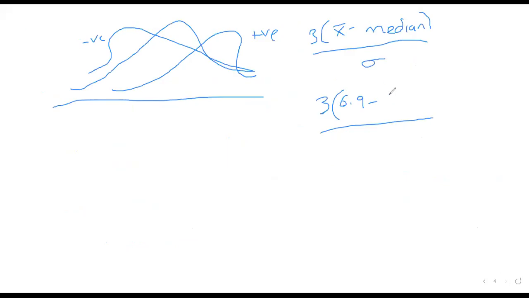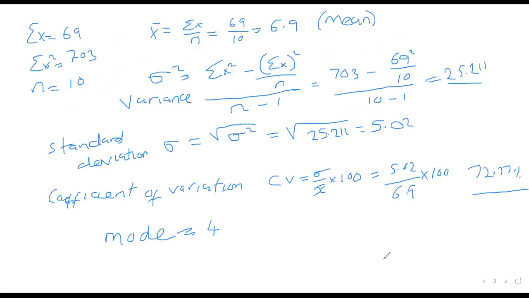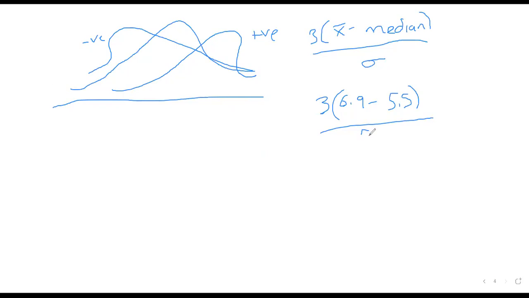We put 5.5 here. Then our standard deviation, we just calculated it as 5.02. Already, when you discover that your mean is greater than your median, you get a positive answer, so you say it is skewed to the right. When your mean is less than the median, you get a negative, and it will be skewed to the left.